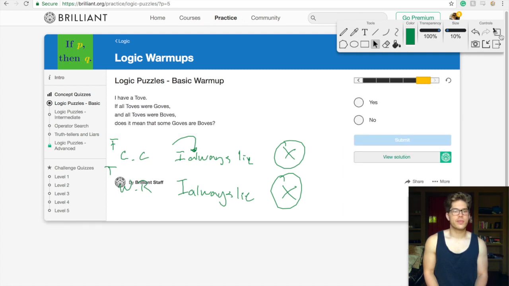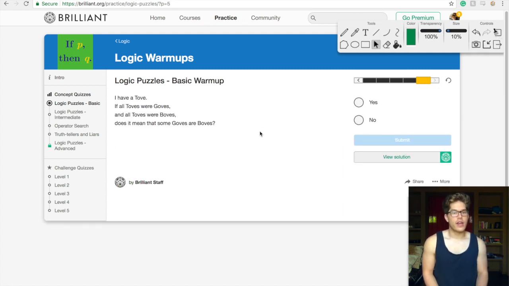Last problem. I have a tove. If all toves were goves and all toves were boves, does it mean that some goves are boves? So again, let's pull out our handy dandy Venn diagram. So here we have toves.